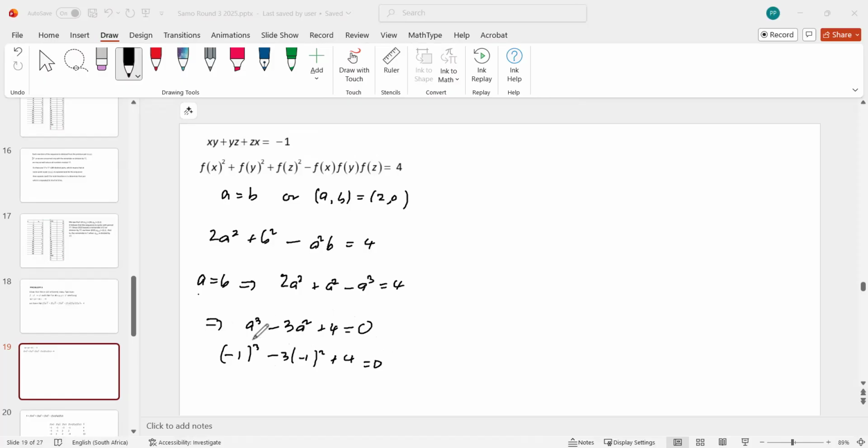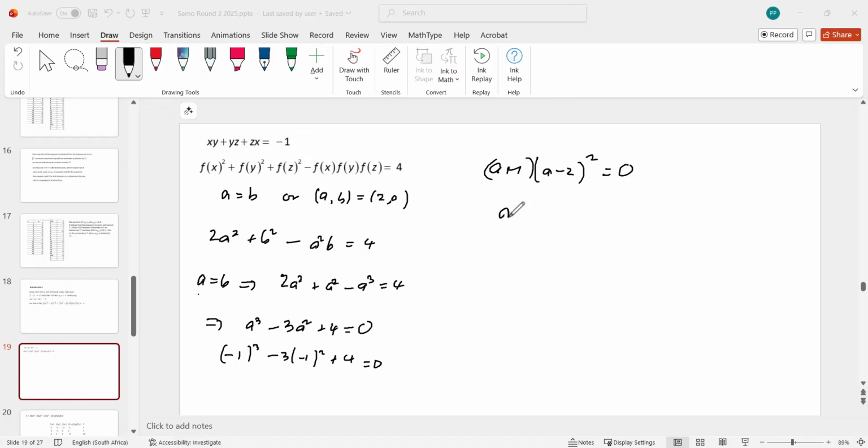So A equals -1 gives you a solution. So therefore A plus 1 is a factor. And when you factorize this one here, you will see that you have A minus 2 all squared equals 0. Right? When you work out the other factor, you'll see you get A squared minus 4A plus 4, which is A minus 2 all squared.